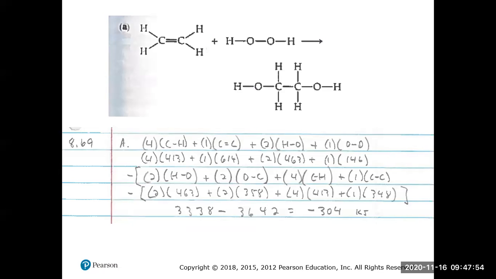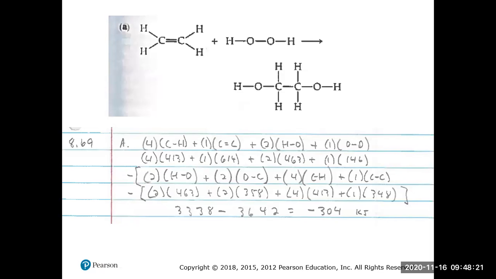So in this case, you have 4 carbon-hydrogen. If we just go through the molecules as they're drawn out, in the first one, we have 4 carbon-hydrogen bonds. We have 1 carbon-carbon double bond. In the next molecule, we have 2 OH bonds, and we have 1 OO bond.